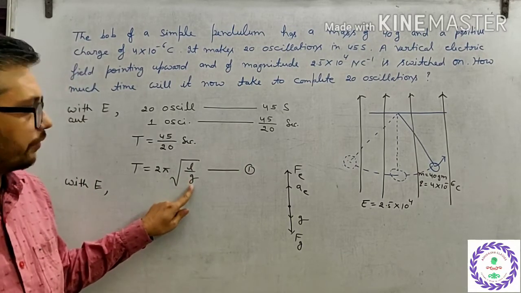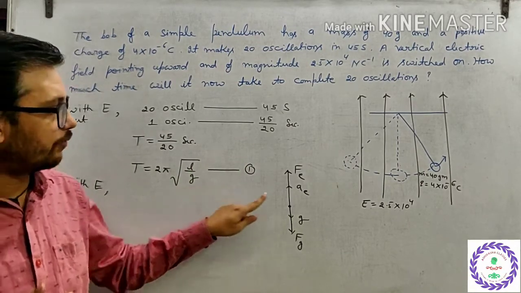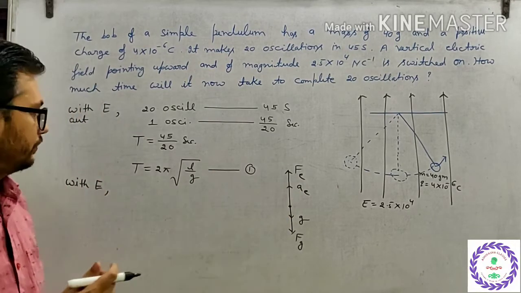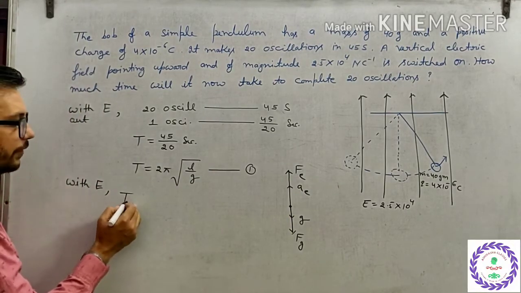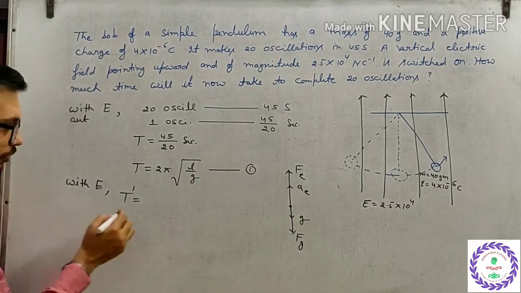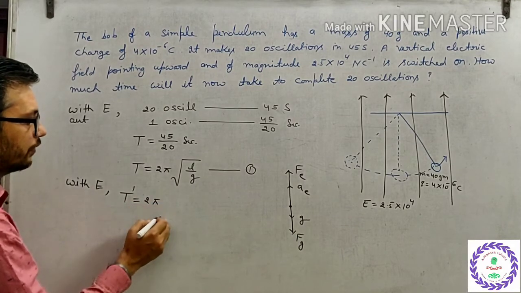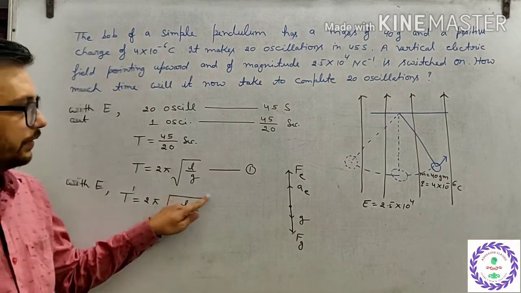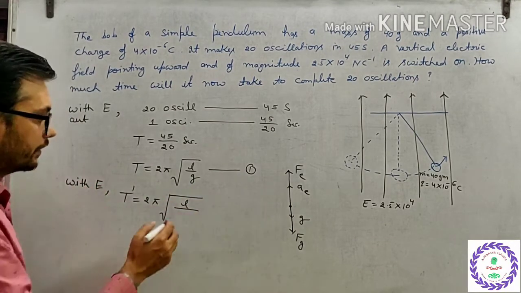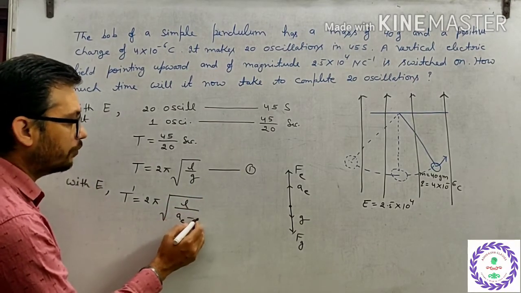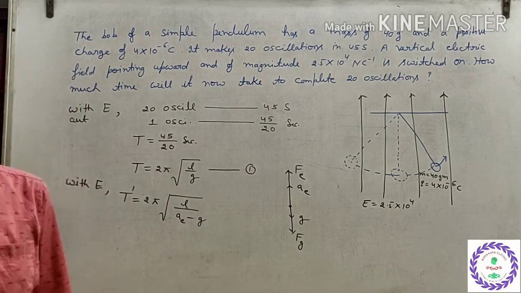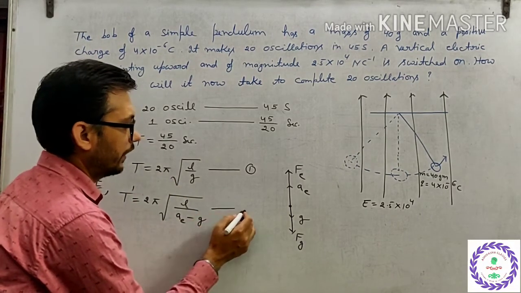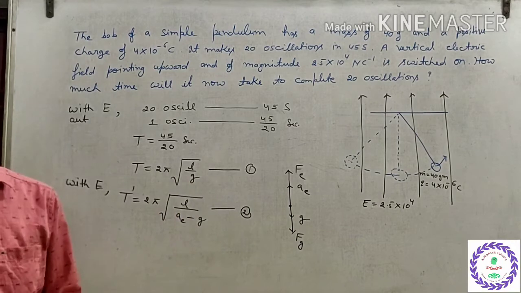So in place of acceleration, we have to place the resultant acceleration. So the formula will be T dash equals 2 pi under root L upon, now in place of g we have resultant acceleration, so it will be aE minus g, and this will be equation number 2.